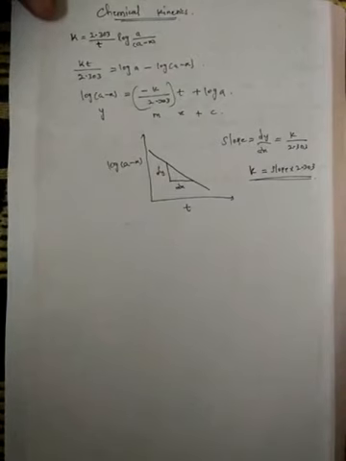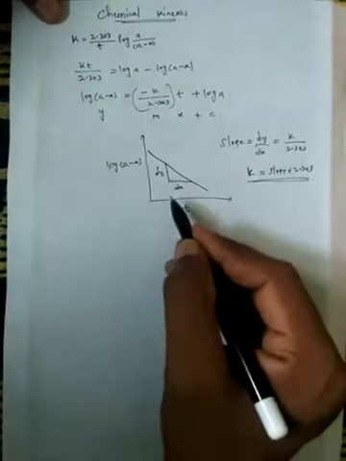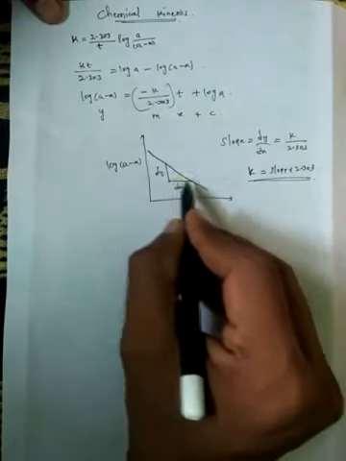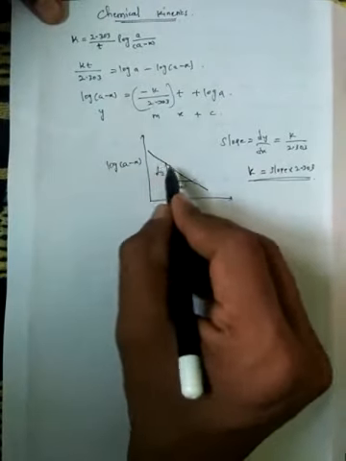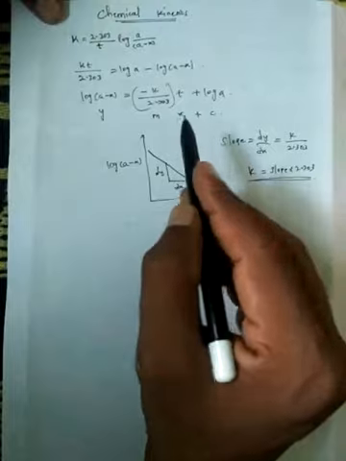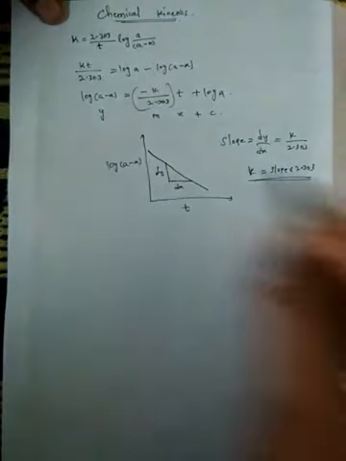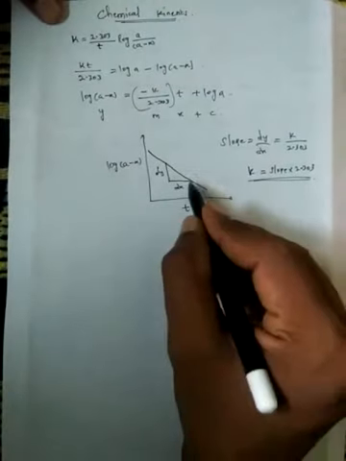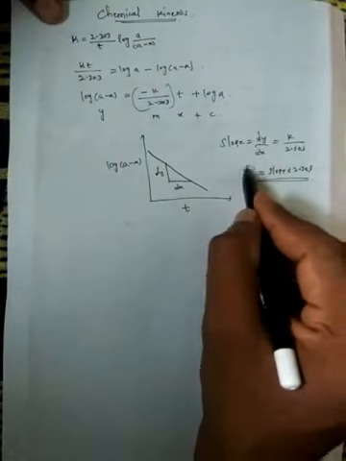So if you measure a minus x at various time t, then if you plot and take a slope, you will get a straight line. If you get a straight line, this indicates the reaction is first order. Then take the slope of the straight line, and from the slope you can find out the k value, the rate constant.